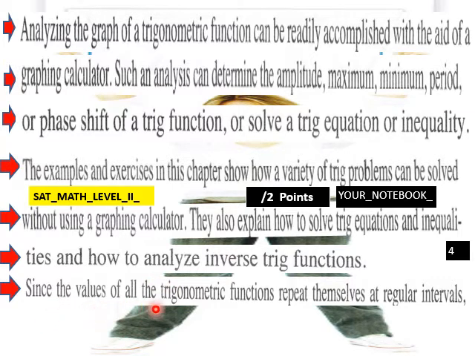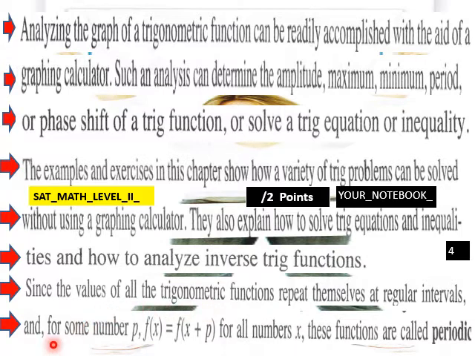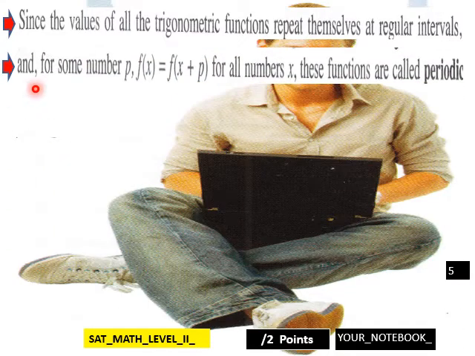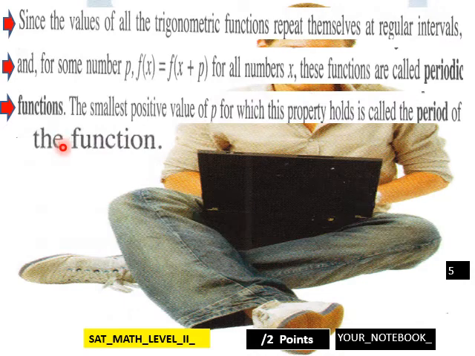Since the values of all trig functions repeat themselves at regular intervals, for some number p, f of x equals f of x plus p for all numbers x, these functions are called periodic functions.